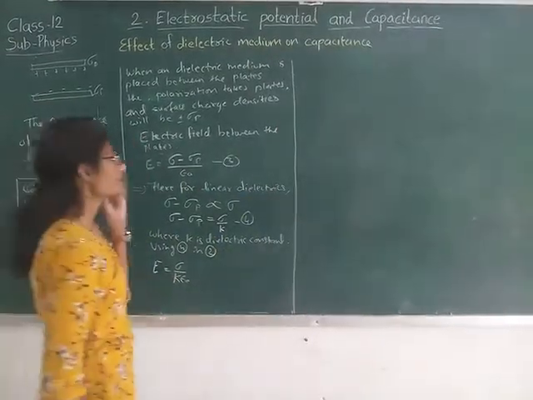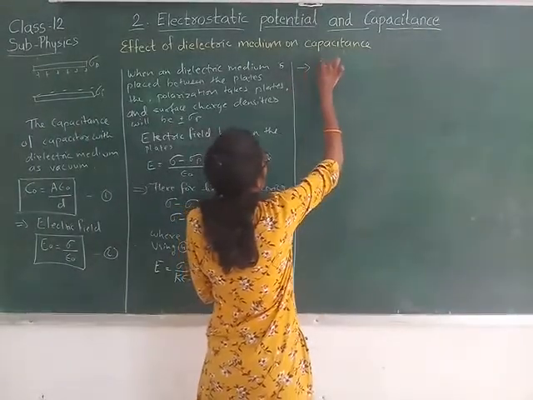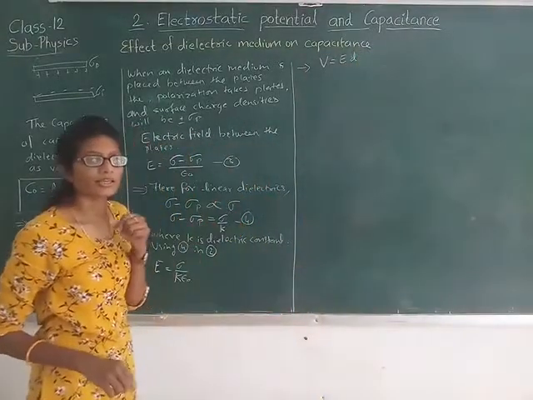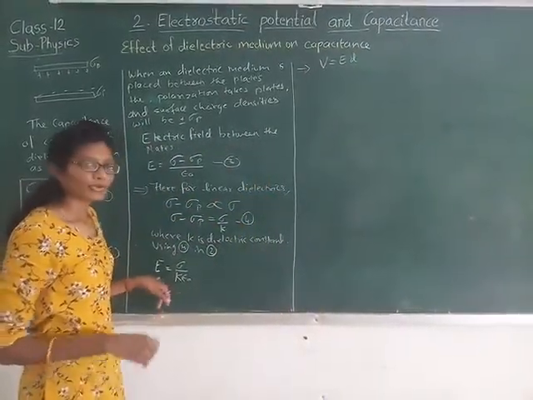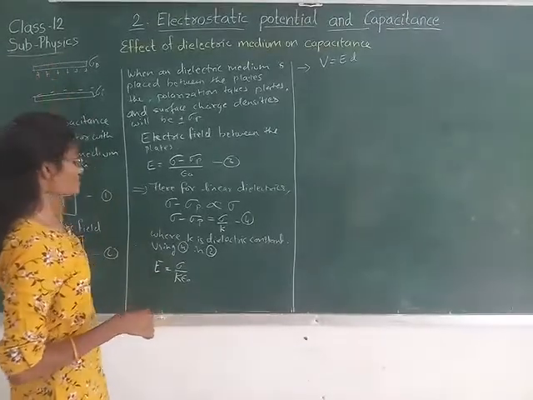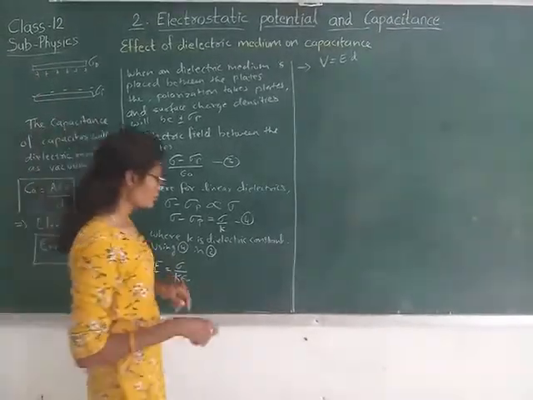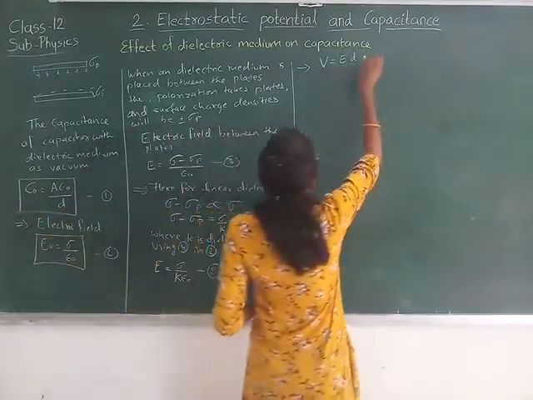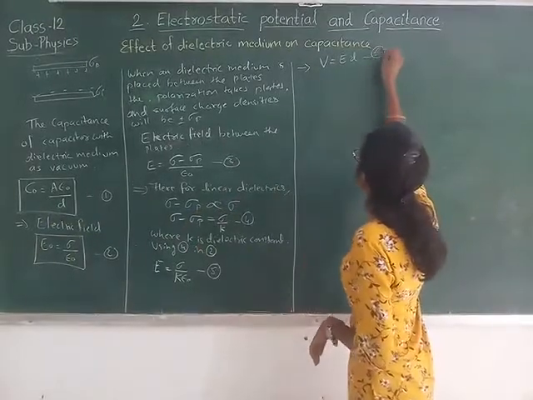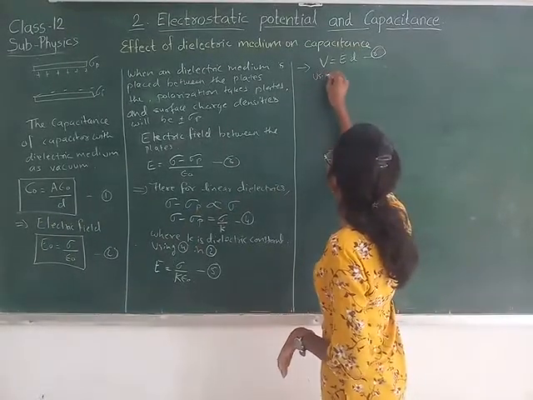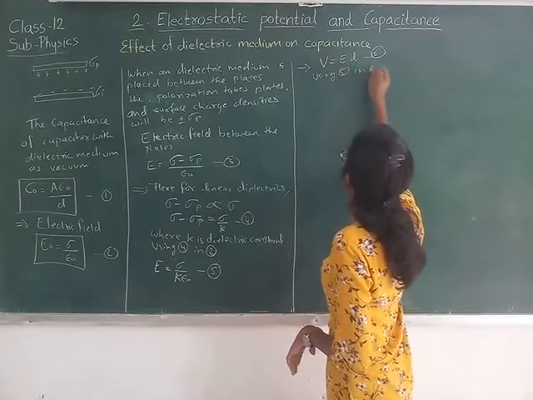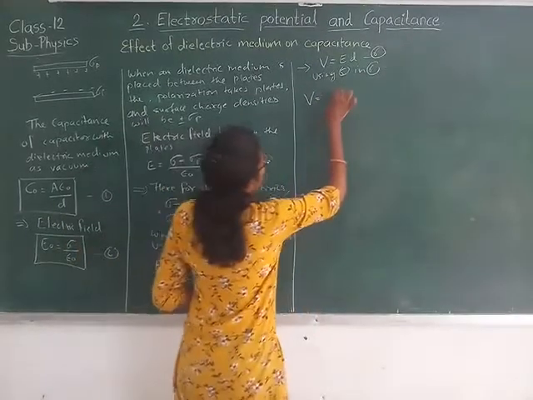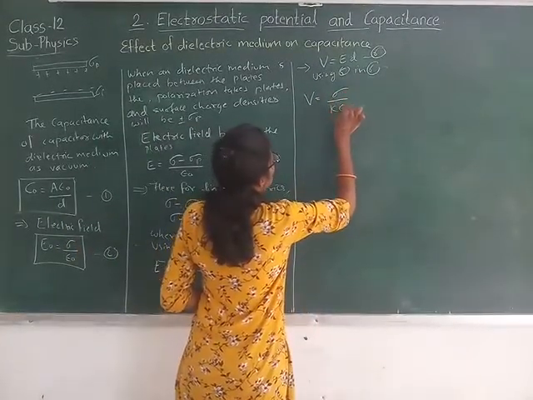Now let us see the potential difference. We know potential difference V equals ED, right? Here E is the electric field due to the plane sheets when the dielectric medium is placed between the two. Using 5 and 6 we get V equals sigma D upon k epsilon 0.